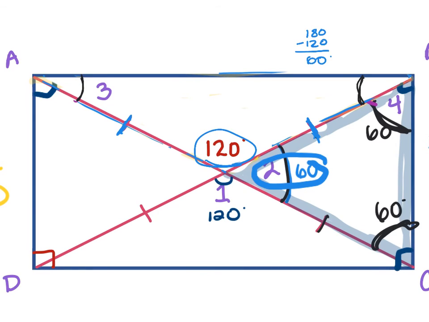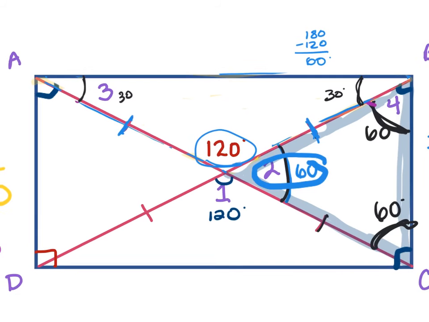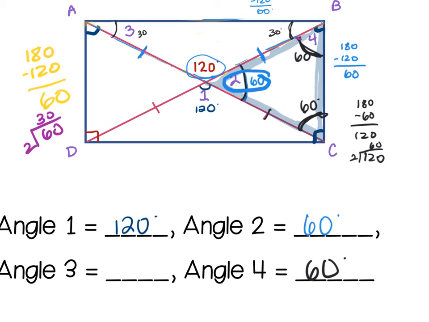And those are the same. So I take the 60 and divide it by 2, and I get 30 and 30. Does that make sense? If you ignore this whole triangle and just look at one triangle at a time, you take that angle, subtract it from 180, and divide by 2, and you get the other angles. Only in a rectangle, though, because rectangles have congruent diagonals. So then angle 3 is 30.